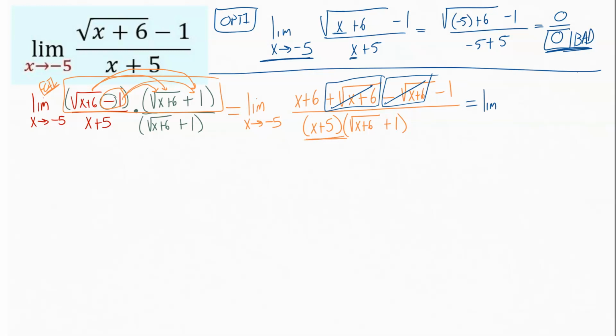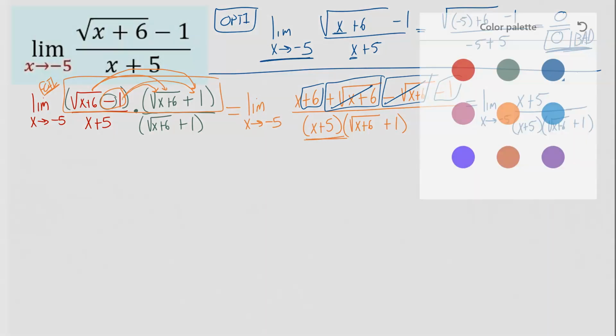And then as we go to rewrite this now, we can combine some like terms on top. So we get limit as x approaches negative 5, and then that 6 right here minus a 1 down here, so we're going to end up with x plus 5. And then on the bottom, oh, look what we conveniently have. It's x plus 5, and then all this other stuff, which we don't really care about right now. But you can see that had you multiplied it together, you would have missed that.